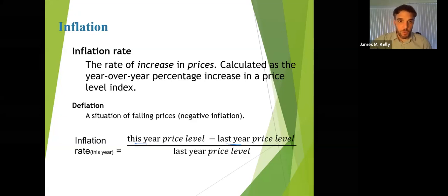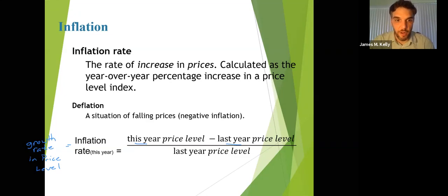So when you find an inflation rate, all you're really finding is the growth rate, something we've seen before, the growth rate in the price level. And again, we have two different ways of finding the price level. One is the GDP deflator, which we'll go over next, and the next being the consumer price index.